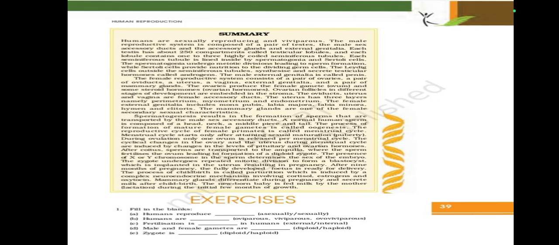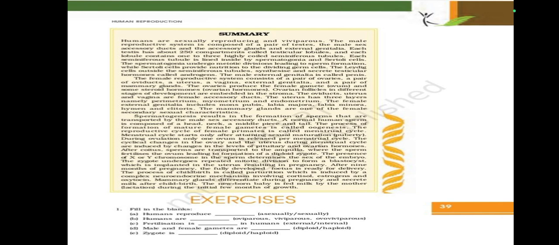Human reproduction summary. Humans are sexually reproducing and viviparous. The male reproductive system is composed of the pair of testes, the male sex accessory ducts, the accessory glands and external genitalia. Each testis has about 250 compartments called testicular lobules, and each lobule contains 1 to 3 highly coiled seminiferous tubules.